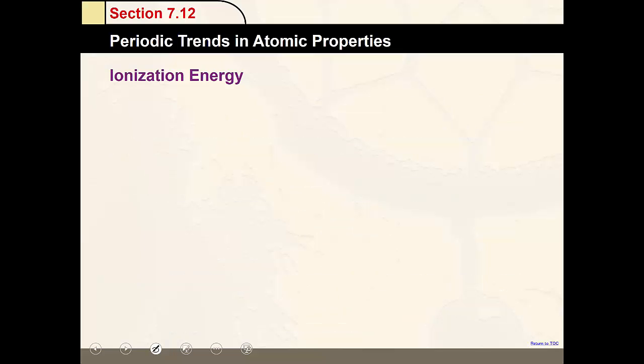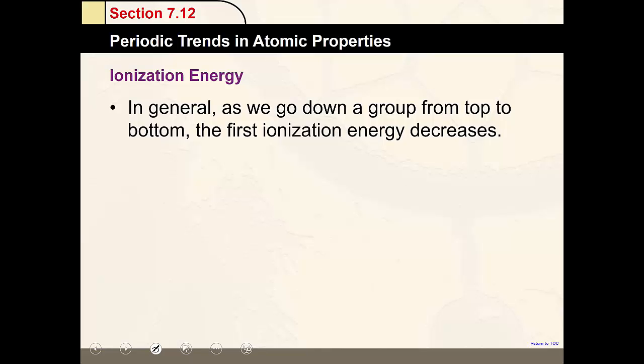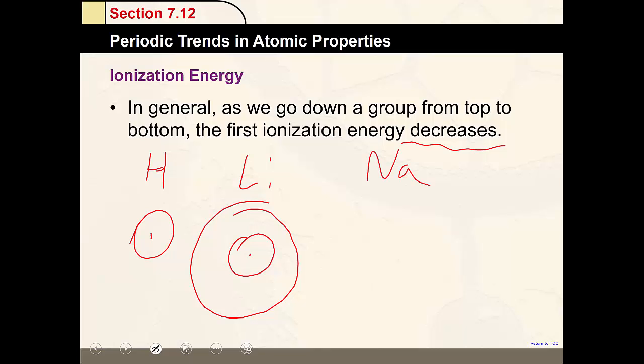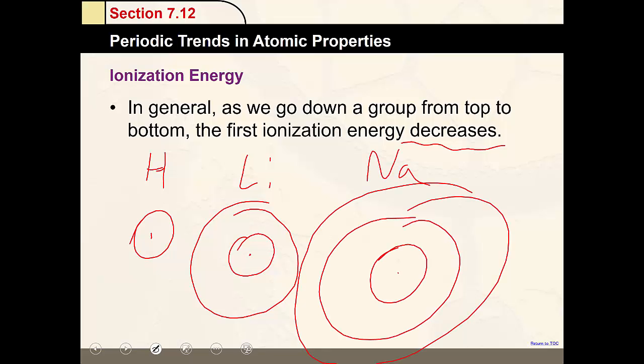But then, as you go from top to bottom, as you go down a group, ionization energy decreases, because if you remember, if we're talking about group 1, hydrogen only has one energy level, lithium has two energy levels, something like sodium has three energy levels.